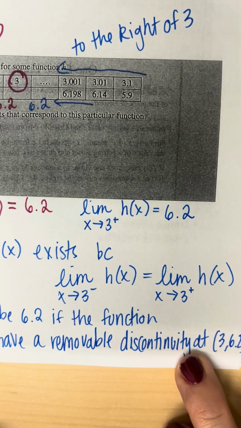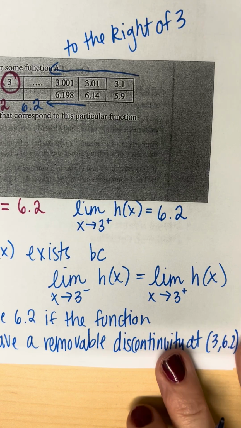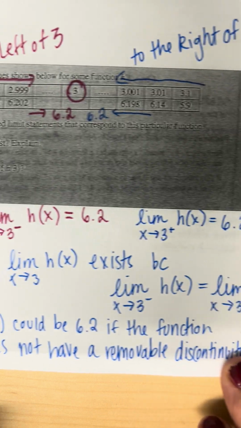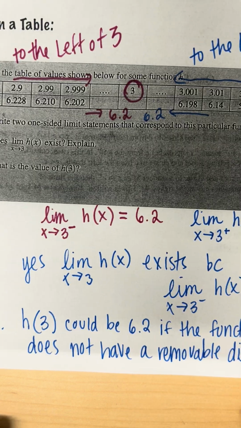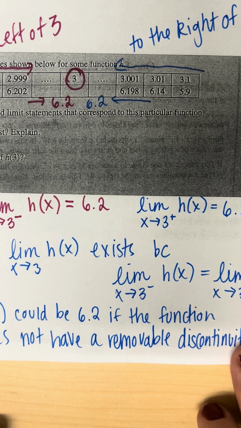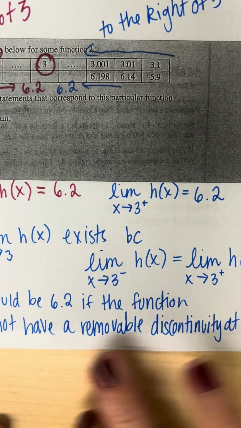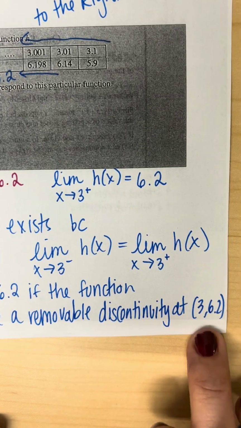So we're assuming that it doesn't, but we can't be totally sure, right? So h of 3 could be 6.2 as long as that function does not have a removable discontinuity at that point, okay? That's our table.